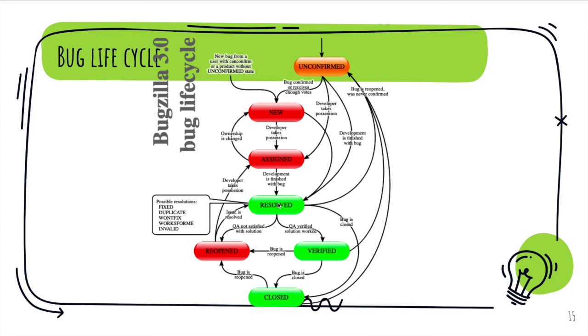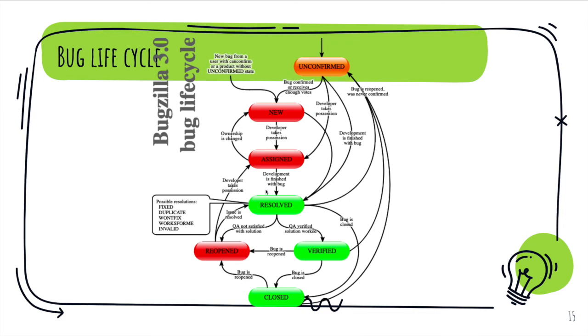Once the bug is resolved, it is going to be verified by the tester, and if the tester says okay, this is working fine, then the bug is closed. But if the developer has fixed the bug and the tester is not satisfied and maybe the issue is not working as expected, then the bug will be reopened and it will be assigned back to the development team.